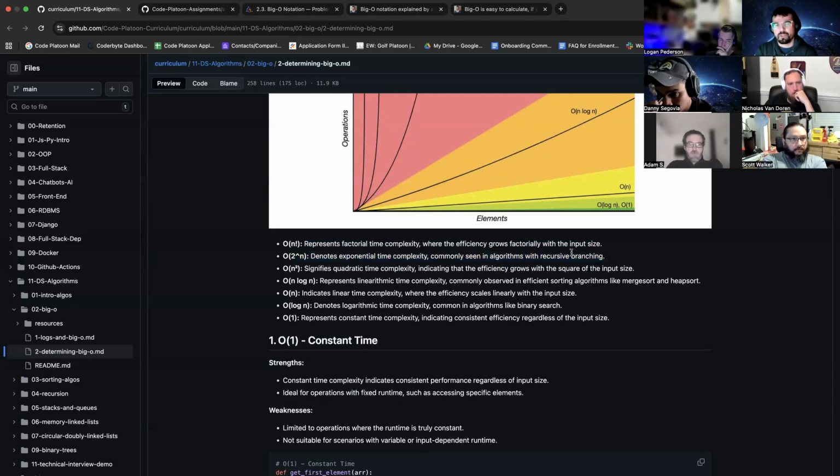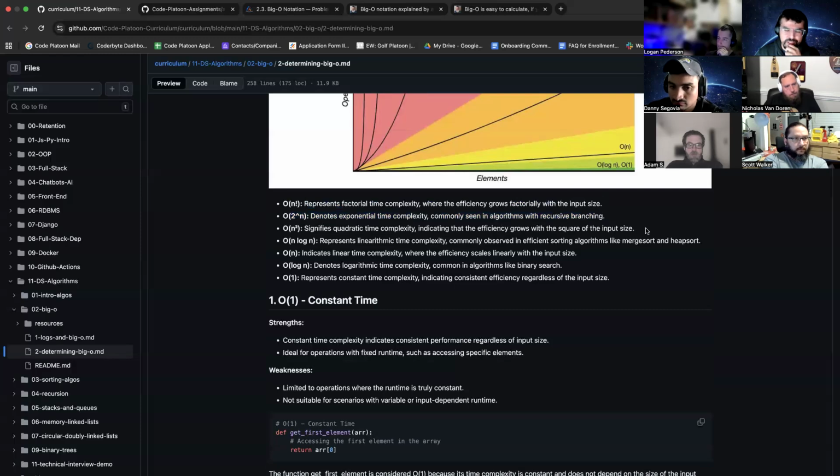Typically what ends up happening if you absolutely need this, depending on what it is, and if it's not a band-aid on something, they'll refactor the data source so you can access it in as close to constant time as you possibly can, because that's ultimately going to make your application performant and cheap to use. So you'll honestly never see the top two. Know what factorial time and exponential time are, but you're never going to see them.